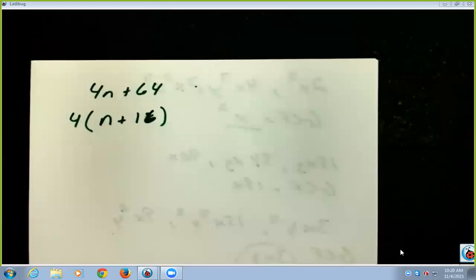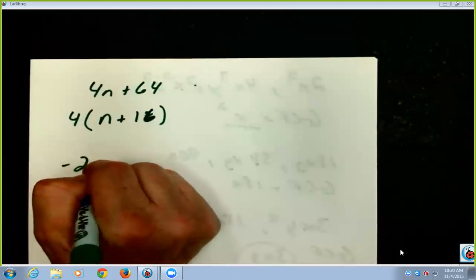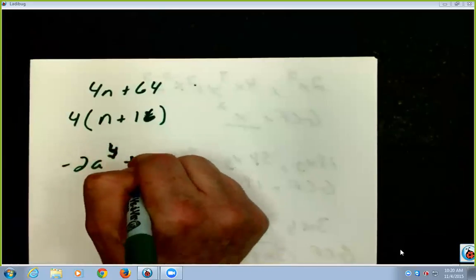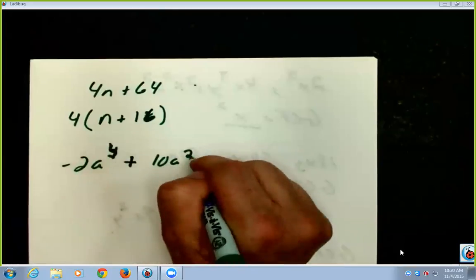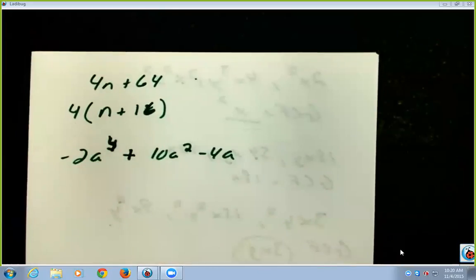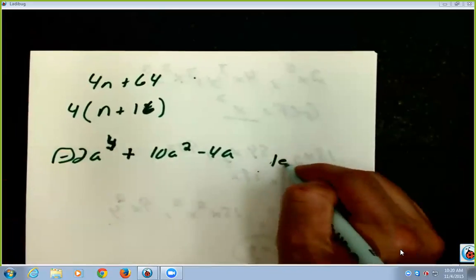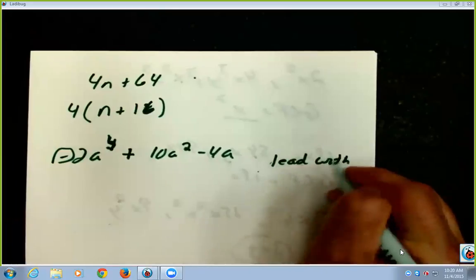How about this one? Negative 2a to the 4th, plus 10a squared, minus 4a. So we've got to talk about this one for a minute because it starts out with a negative. So it leads with a negative.